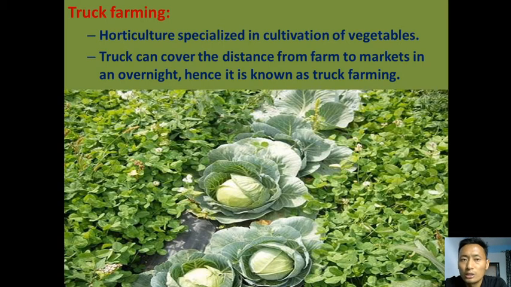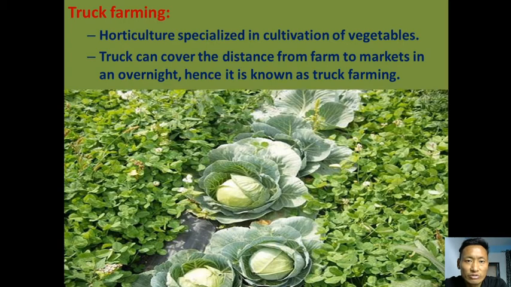For whom? Urban people, for commercial purposes. The main aim is the same, commercial purposes, selling to urban people. But here they are cultivating only one item, vegetables. This is called truck farming.